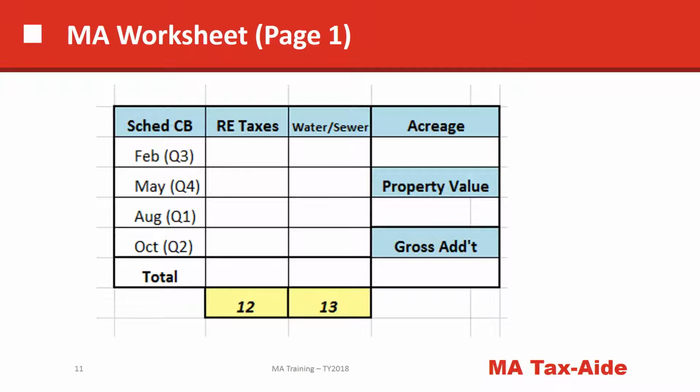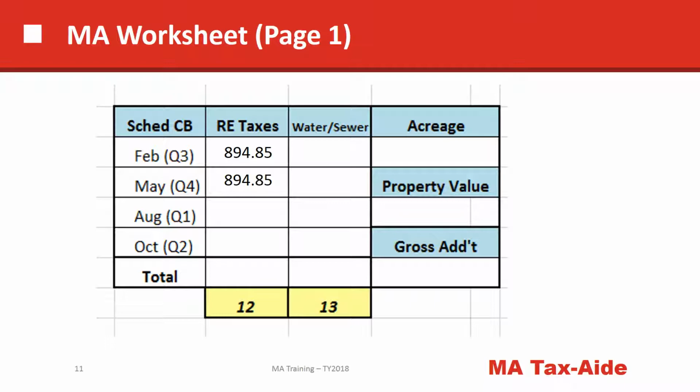In this case, we're going to do an example with George Grover. And George brings in all his information, and you can see that his taxes for Q3 and Q4, these are fiscal Q3 and Q4, were $894.85. So we're going to write those in those boxes. Then he also gets his preliminary 2019 bill.